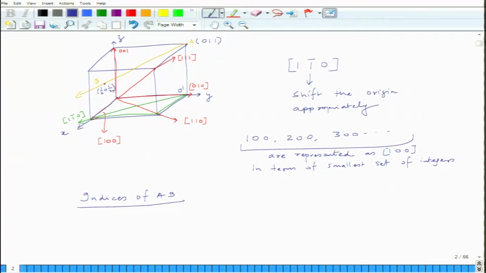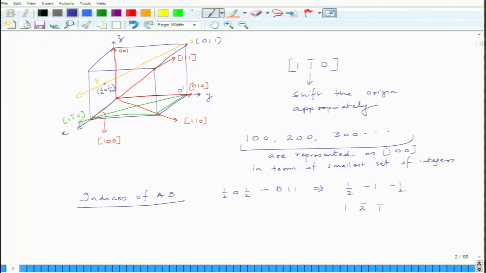One way to determine the direction is half 0 half minus 0 1 1. So what do you get at the end? Basically half, minus 1, minus half. So this is nothing but 1 bar 2 bar 1.